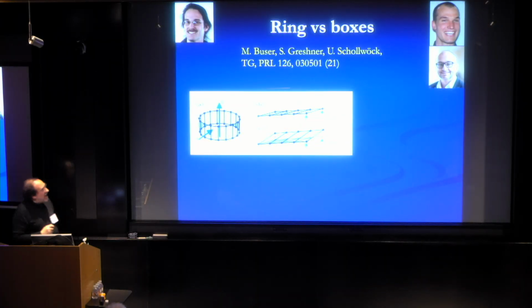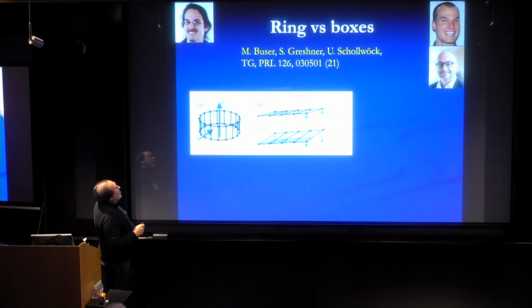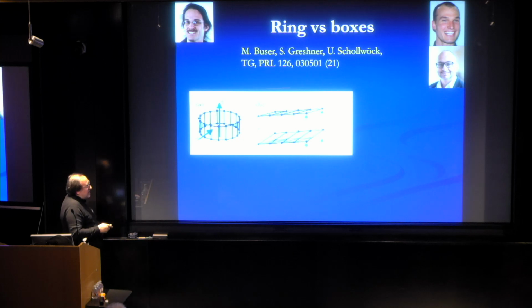In order to decide whether this was a robust procedure, we teamed up with the group of Uli Schollwöck, and Max Buser is the person who did the brunt of the calculations, to try to compare our kick procedure with the one where we would put a flux here and pass a steady state persistent current and then measure a steady state Hall imbalance.